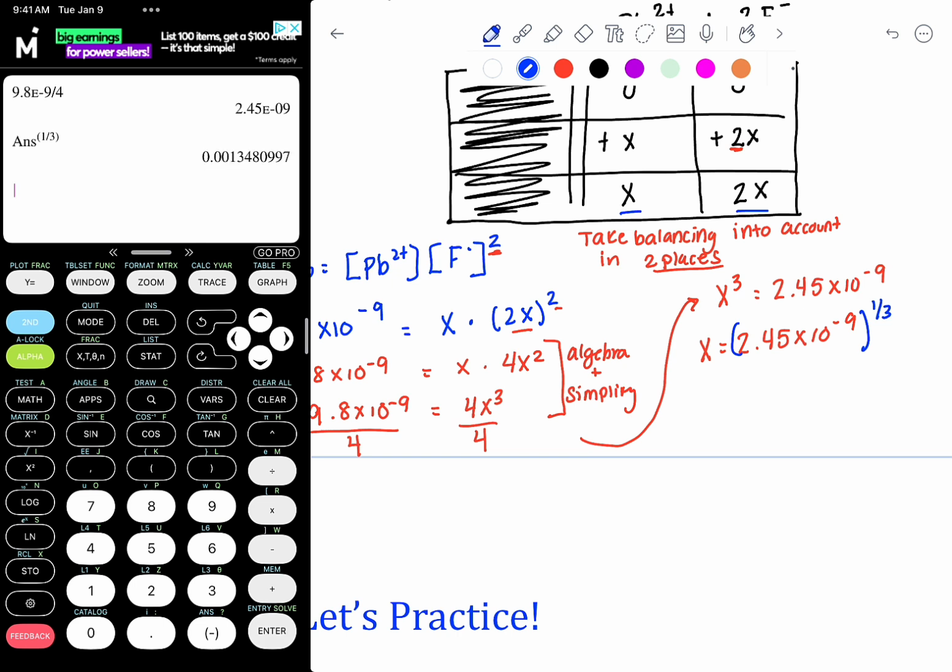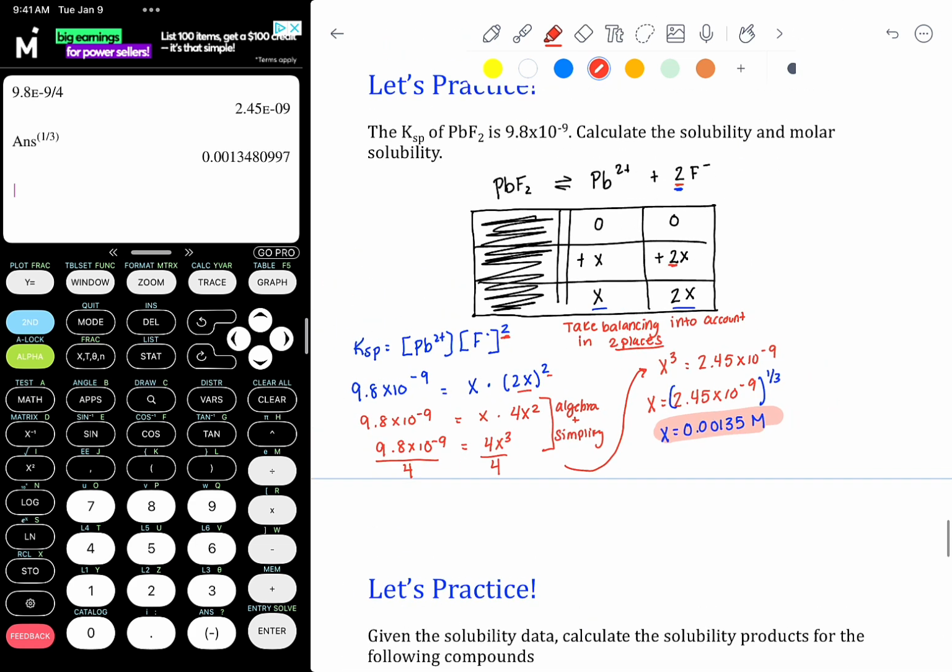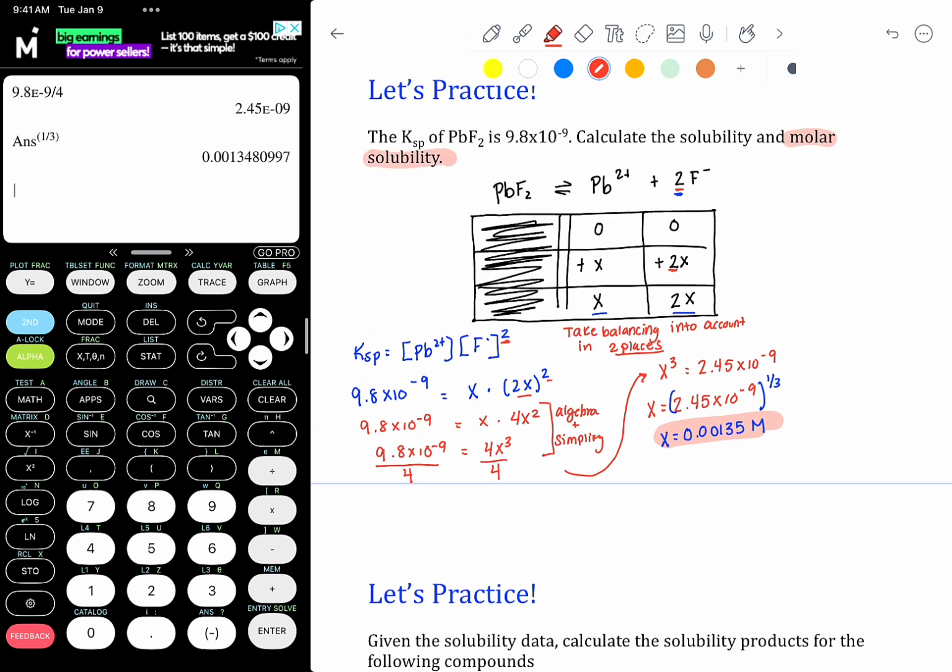So we get that raised to the 1/3. That gives us an x that's equal to 0.00135. And that's our molar solubility right there. So we've solved for molar solubility.